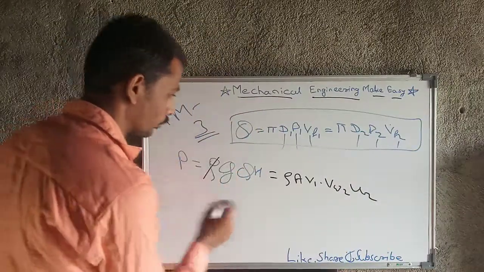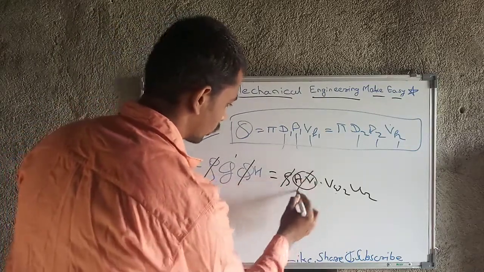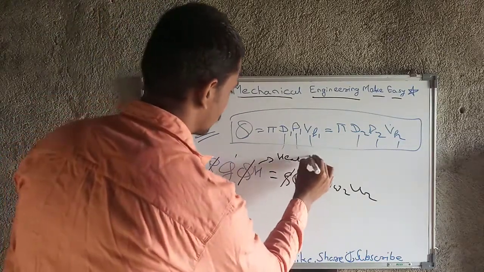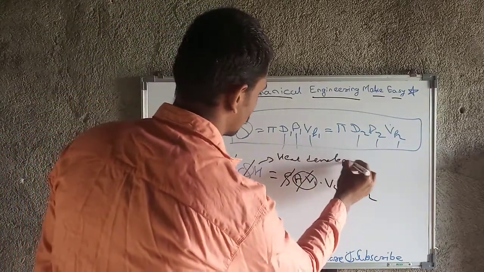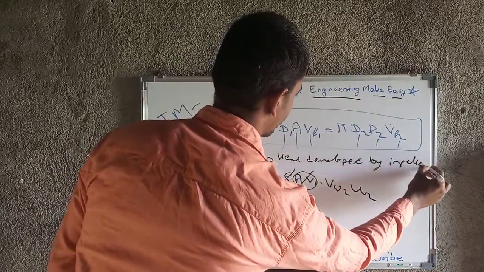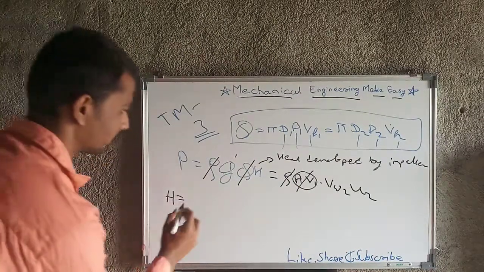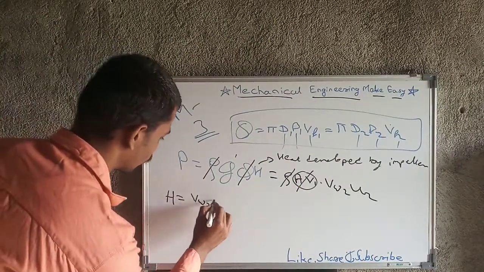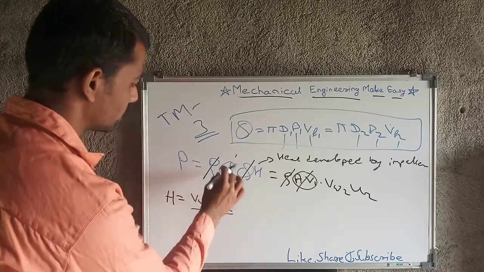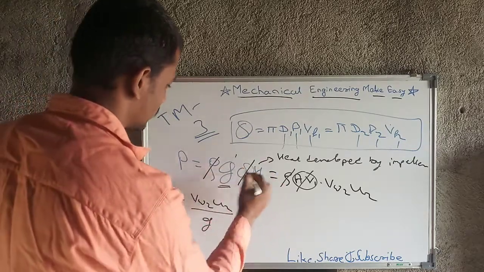Rho will get cancelled, Q is nothing but A into V, so all this will cancel, and this is the head developed by the impeller. So the equation for H, the head developed by impeller, is Vw2 U2 upon g. On this side only g remains and H is here; Q and rho cancelled.